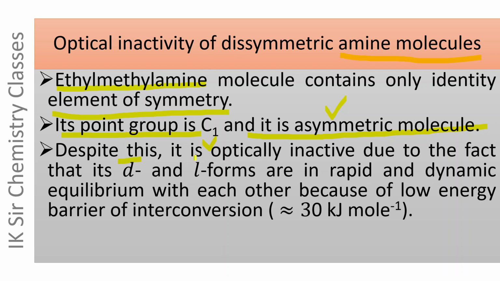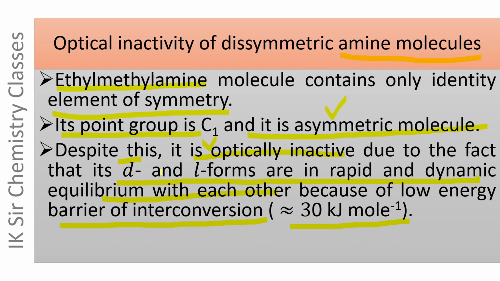Despite this, it is optically inactive due to the fact that its D and L forms are in rapid and dynamic equilibrium with each other because of low energy barrier of interconversion, which is about 30 kilojoule per mole.